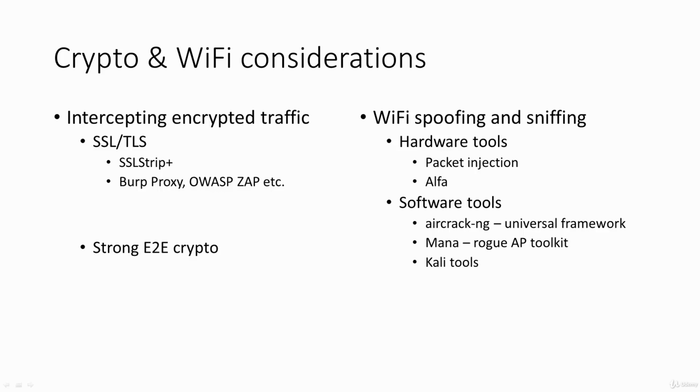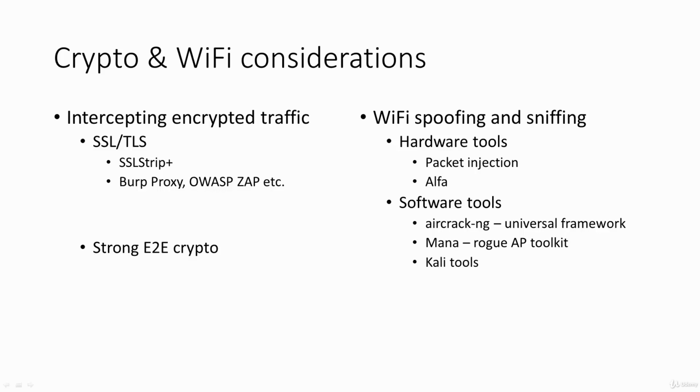So in order to observe what's going on, in order to dynamically analyze the communication between the mobile application and the web service, you will have to unwrap the SSL. For that you will most probably use either Burp or OWASP ZAP proxy. Both of them are quite capable in this regard, but there is also a situation when you will be dealing with some general spoofing and sniffing, and then SSL strip is your tool of choice.